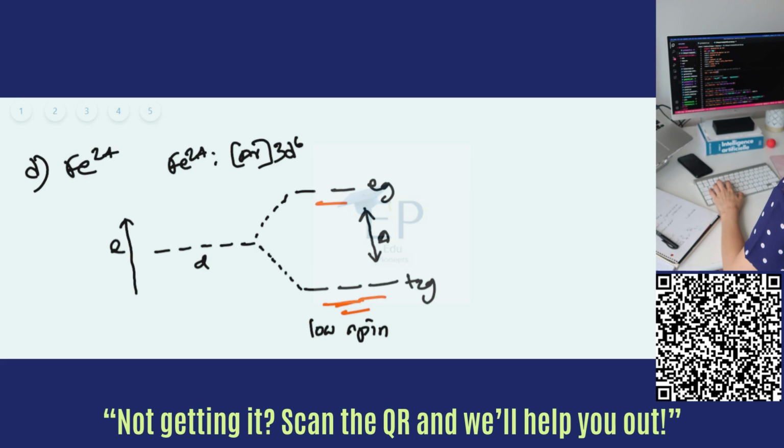So first we put one electron at a time, 1 2 3. We have three more, and since it's a low spin, it will just pair up like this, and that's how the 6 d orbital electrons of Fe2 plus will occupy the orbitals. And that's how the crystal field splitting diagram for a low spin complex of Fe2 plus looks like.